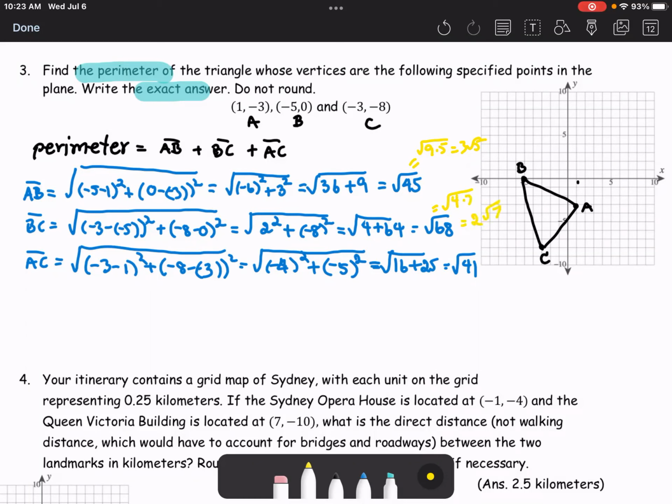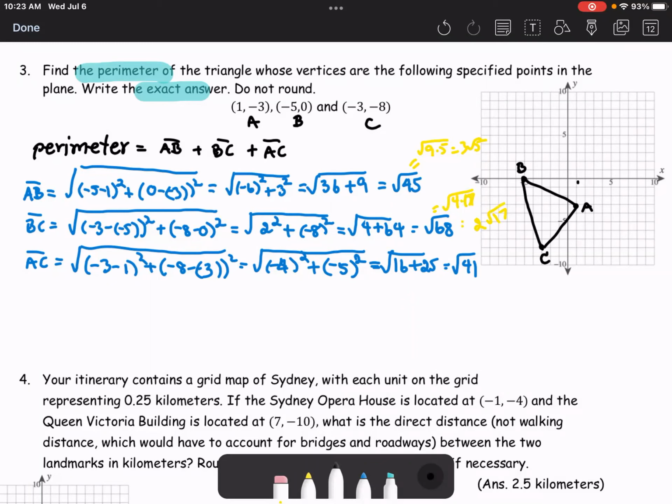No, sorry, 4 times 17. So it's going to be 2 times square root 17. Let's clean this up real quick. 2 square root 17 is the simplified form, and square root 41 cannot be simplified.